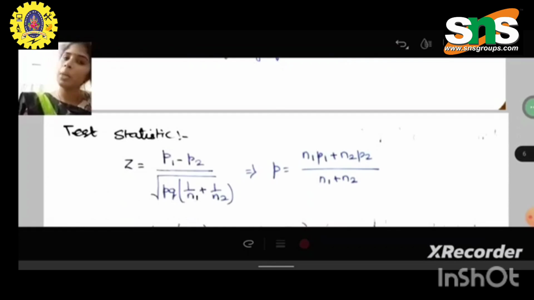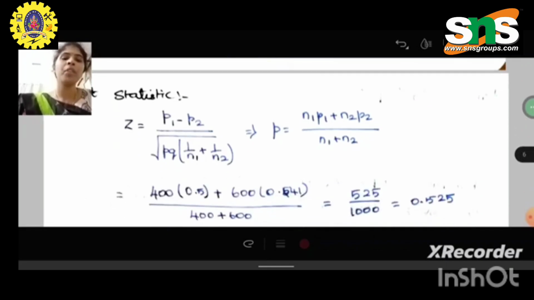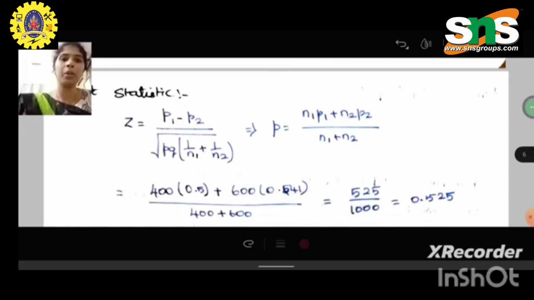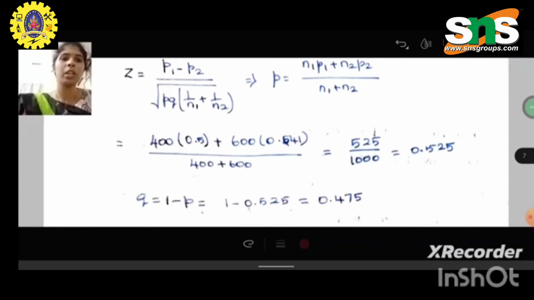Next, here comes the formula for the test statistic, that is Z is equal to P1 minus P2 divided by root of PQ into 1 by N1 plus 1 by N2, and the formula for P is N1 P1 plus N2 P2 divided by N1 plus N2. On substituting the values, we get P to be 0.525.